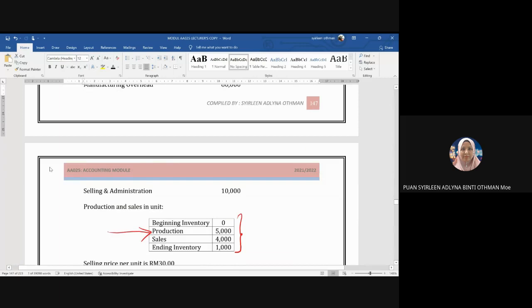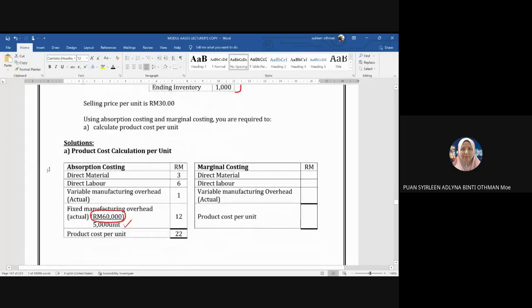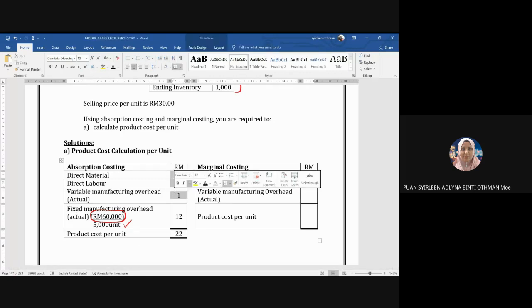Alright, okay, so for absorption, I have 22. Okay, sebenarnya senang je nak kira. Kalau nak kira marginal, that means saya ambil 3 ni sajalah. Saya akan tolak lah RM12 ni. RM12 ni tak kira, sebab dia fix kan.